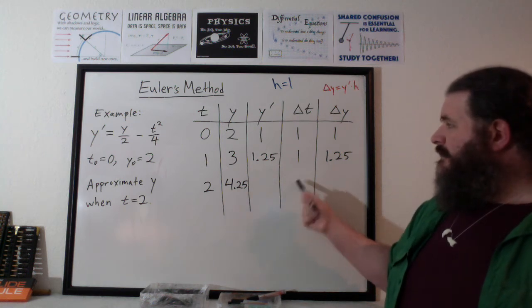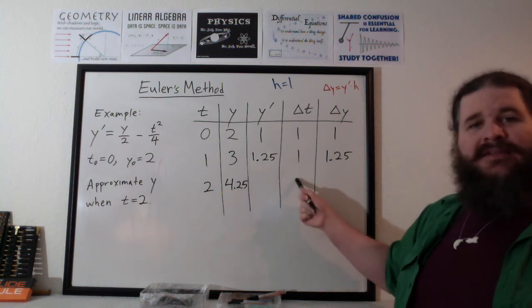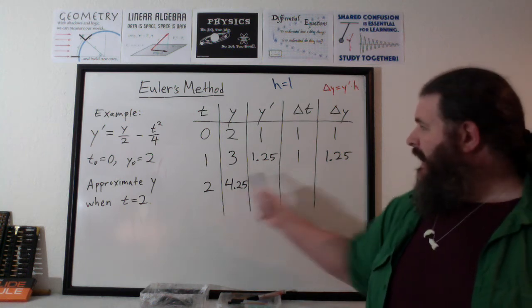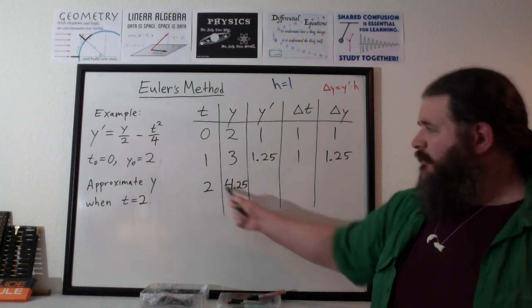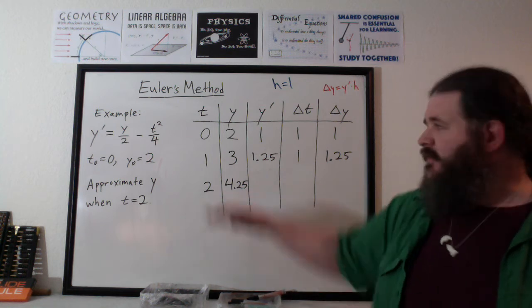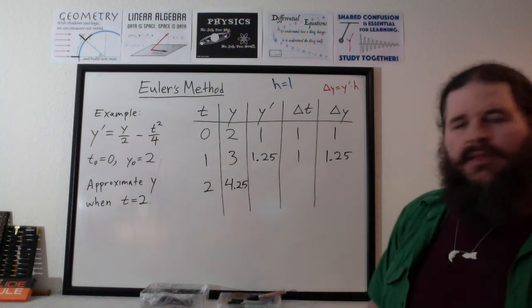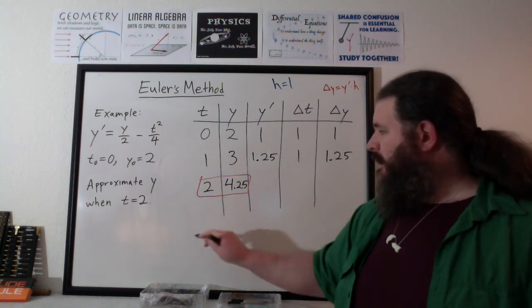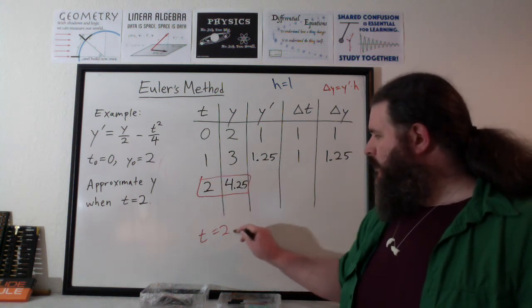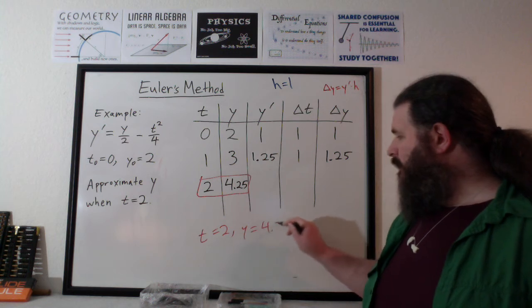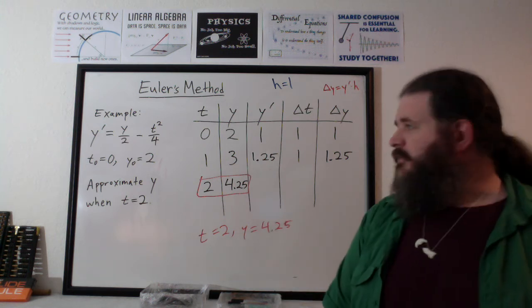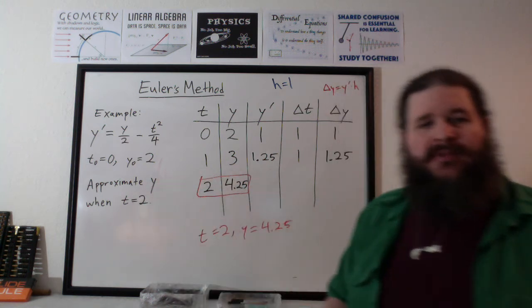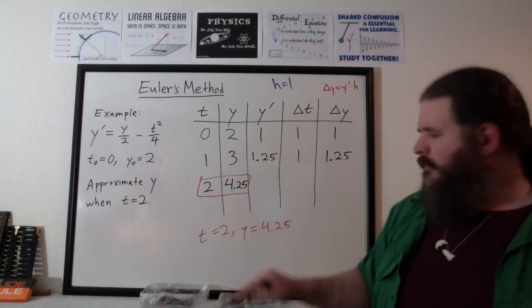Still use 1 for delta t, multiply y prime times delta t to get delta y, and add delta t and delta y to our t and y values to get the next t and y values. And you can keep going for as many steps as you need. But in this case, we now have a t coordinate at 2 and a y coordinate that's 4.25. So that's our approximation. When t is 2, y is approximately 4.25.